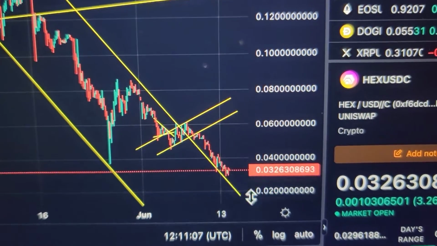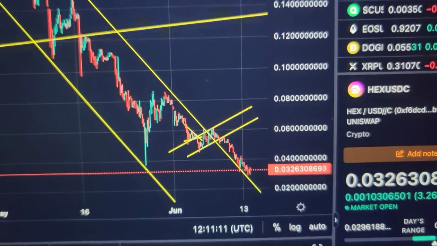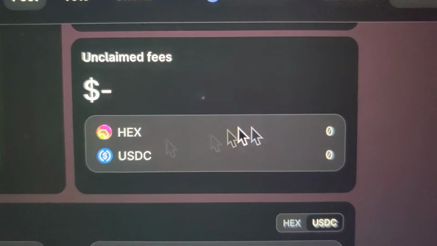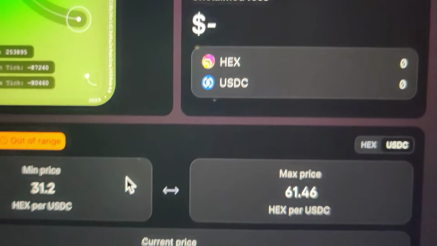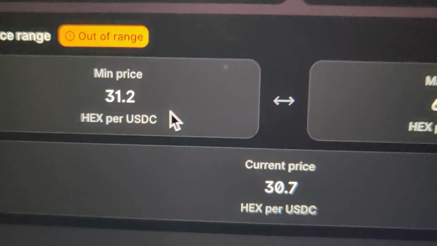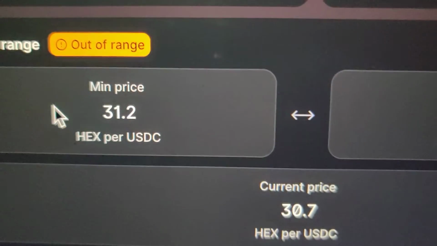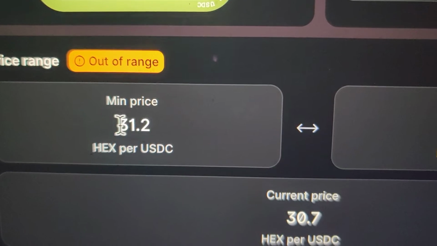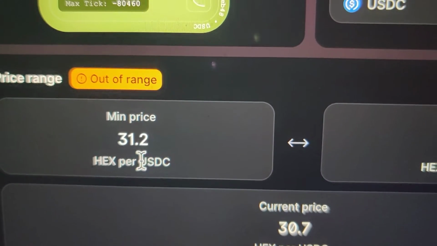As the price fluctuates in there and people are buying and selling, I'm going to start earning fees. I'll get paid in Hex and I'll get paid in USDC. And if the price drops just a little, in other words, if you get more Hex per dollar, then I'll start getting some Hex.